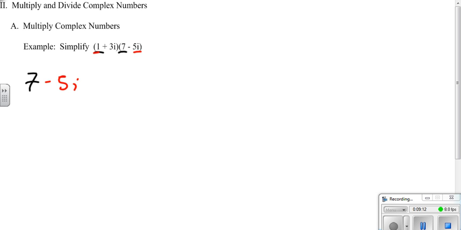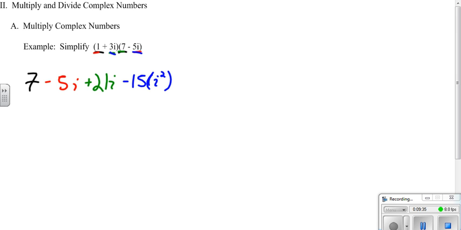If we look at our inside numbers, 3i times 7 is positive 21i. And if we look at our last numbers, 3i times negative 5i, 3 times negative 5 is negative 15. i times i would be i squared.